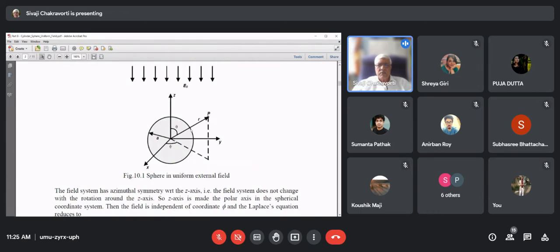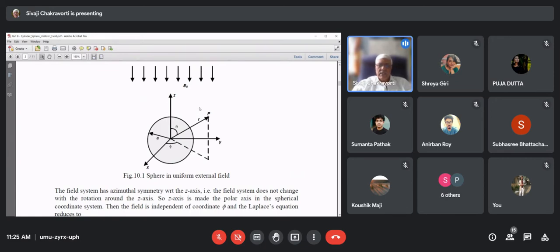Then since it's uniform electric field in the negative direction of z, potential difference will be field intensity multiplied by the distance. Since field intensity is vertical, we'll take the vertical distance. So here at any point R, what is the vertical distance from the center of the sphere? It is R cos theta.